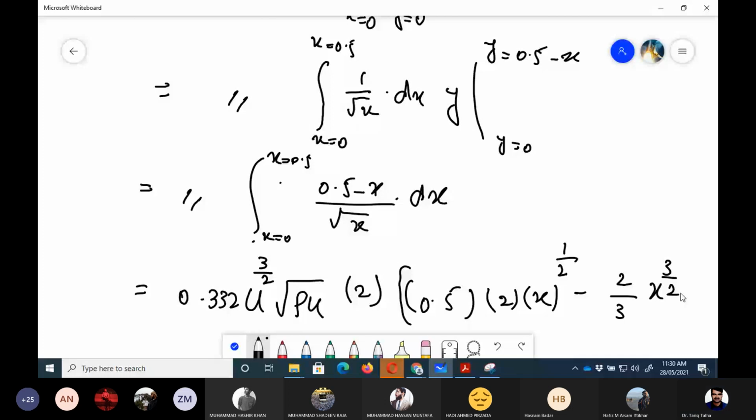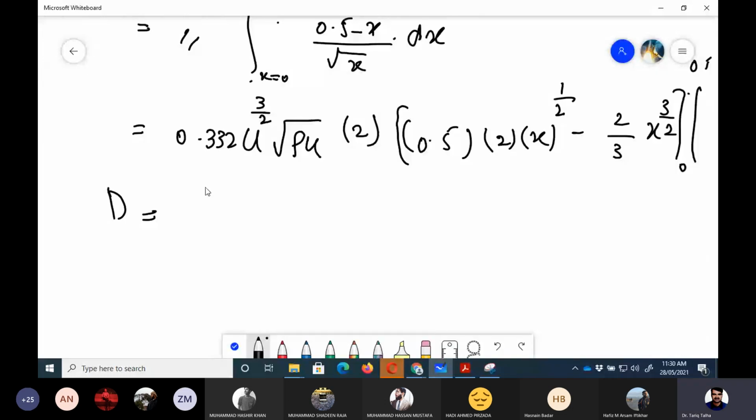Then the value of shear stress or drag force comes out, if we put the values: rho for the water is 999, and mu is 1.12 into 10 to the power minus 3. If we put these values, then the drag comes out equal to 0.0296 Newton.